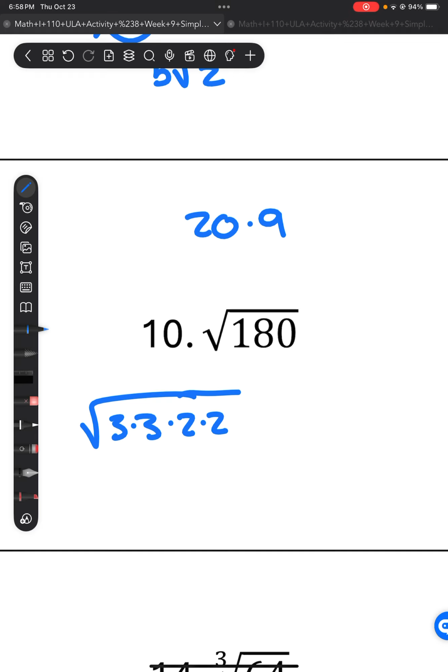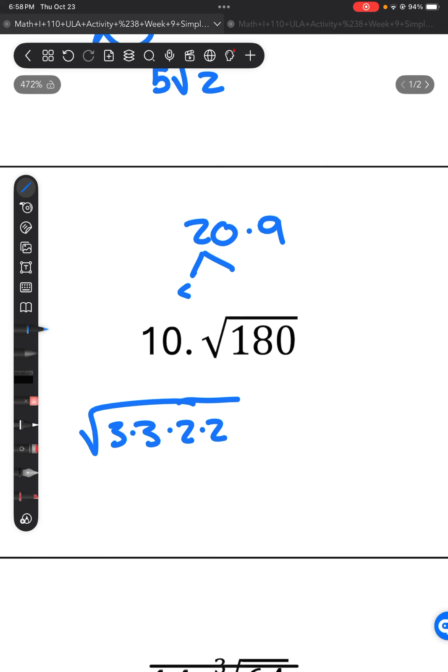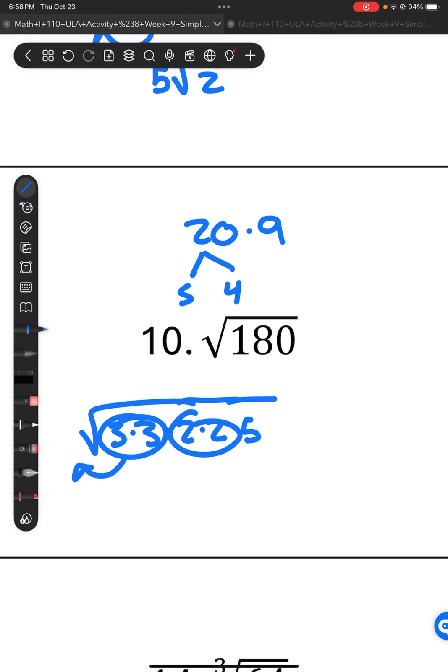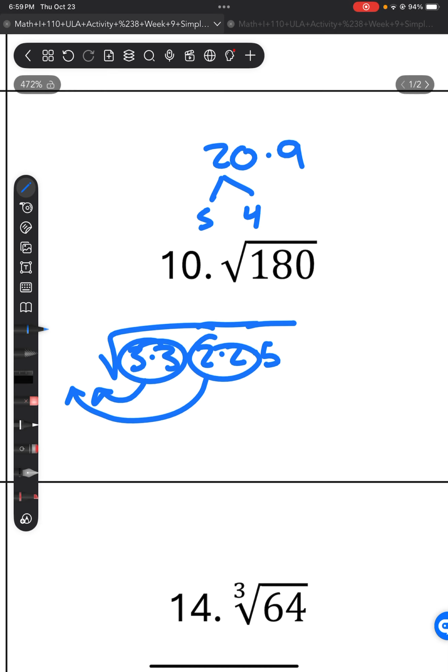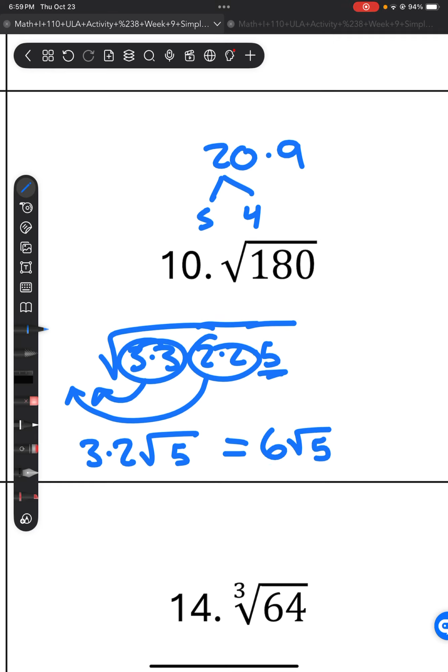So 2 times 2, that's 4. And then 5. Okay, then we're going to find our pairs. Take them out, so we have a 3 and a 2 here. So we got to remember 3 times 2, and then what we're left with is our 5 under the square root. Simplifying, we get 6 root 5.